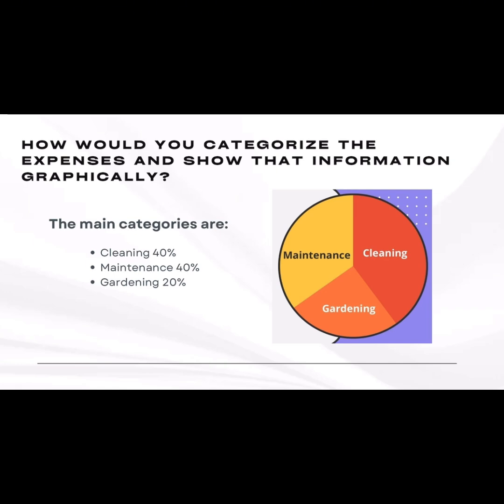This chart makes it easy to understand how expenses are distributed across different areas. By showing the proportion, we can quickly see that most of the budget goes to cleaning and maintenance, while evaluating the relative importance of each expense and making informed decisions on resource allocation.